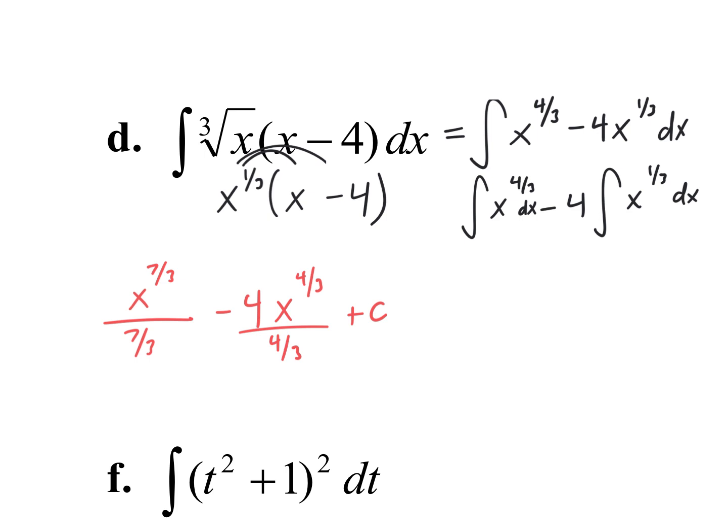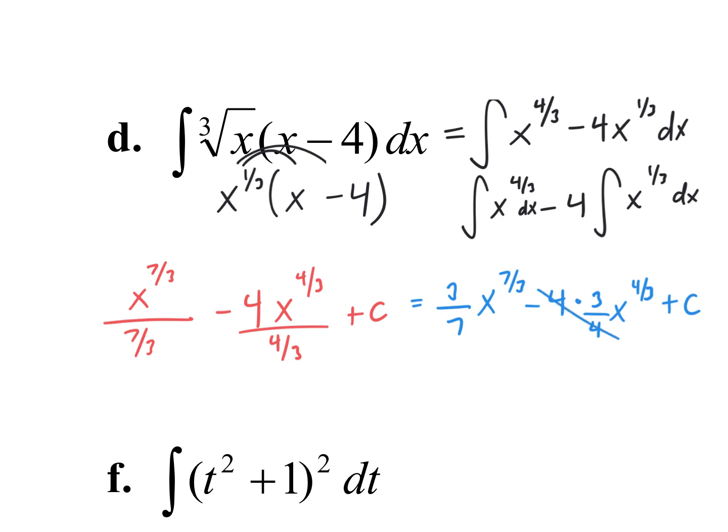So my final answer would be 7/3 on the bottom becomes 3/7 as a reciprocal. So 3/7 x to the 7/3 minus 4 times 3/4 x to the 4/3 plus c. And then could I do one more simplifying there?